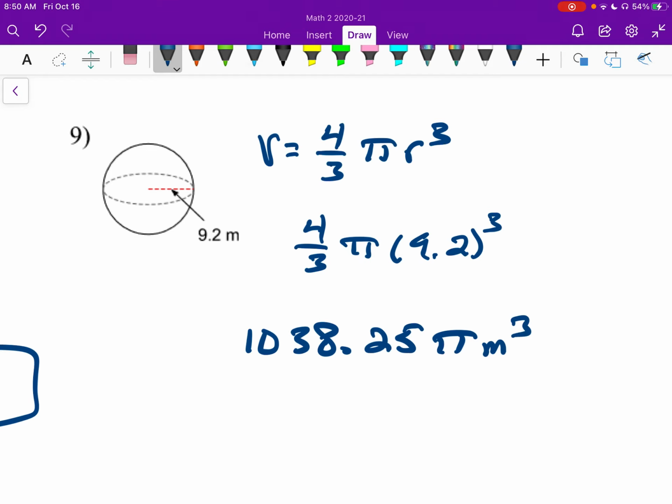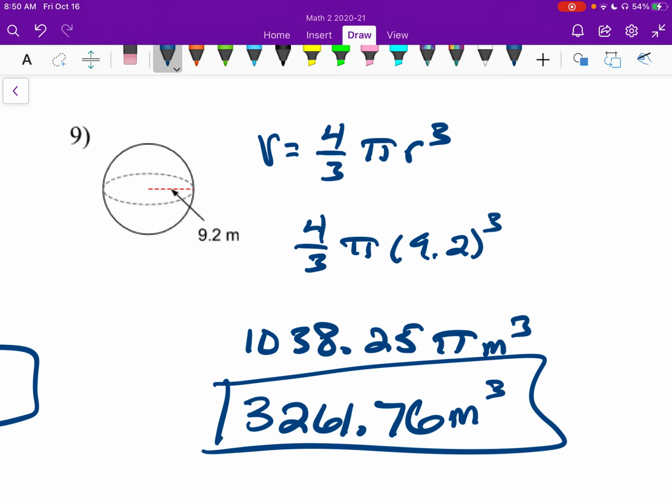And then whenever I multiply in my pi, I get 3261.76. Oh, nope, I just multiplied in my pi. And that's meters cubed. And there we are.